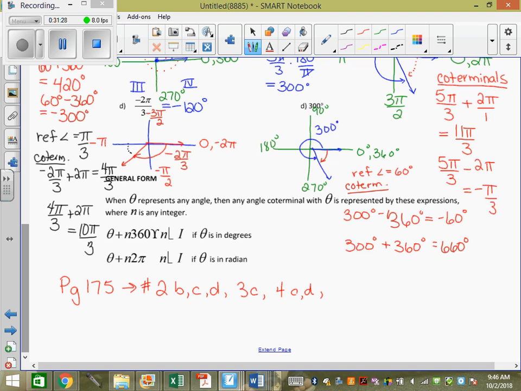That's a C. These are mainly either convert or just sketch. And usually one's a degree, one's a radian.